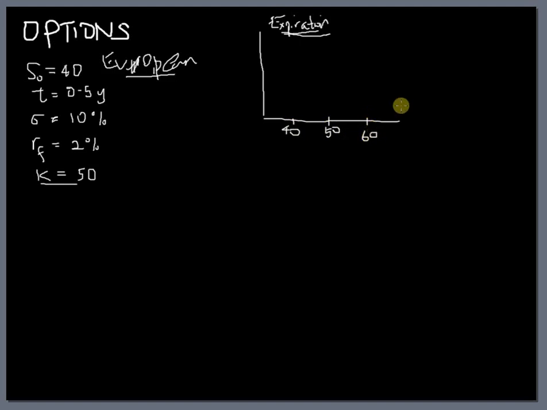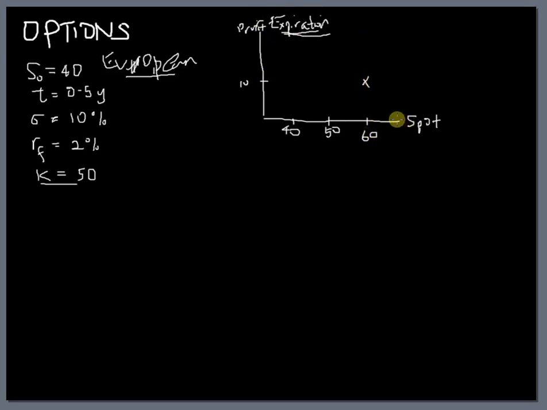You can buy this equity from the seller at the price of 50, but the current market price is 60. So you make $10, right? So we have one point here. This axis is the spot price, and on this axis is the profit. If the price is 60, you're making $10.